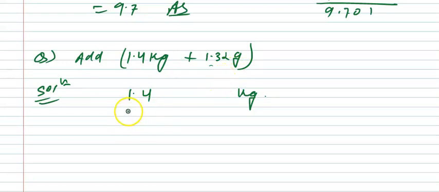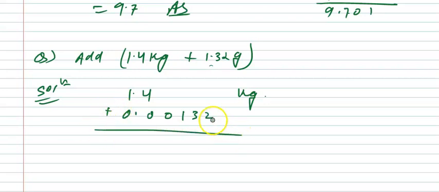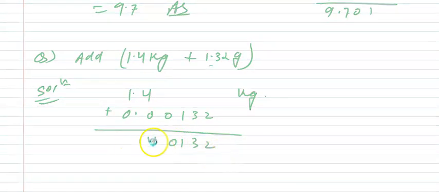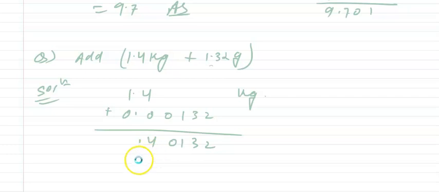After dividing by 1000, this will be 0.00132. You can also put a 0 over here, or you can just add this one first. So after adding, it would be 1.40132. Getting it? This is after addition.